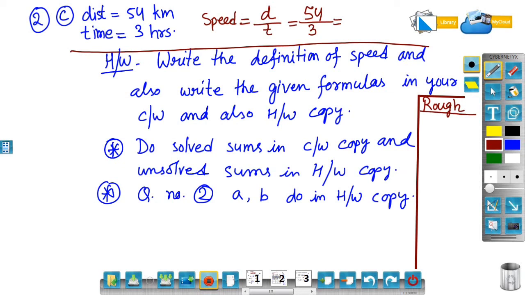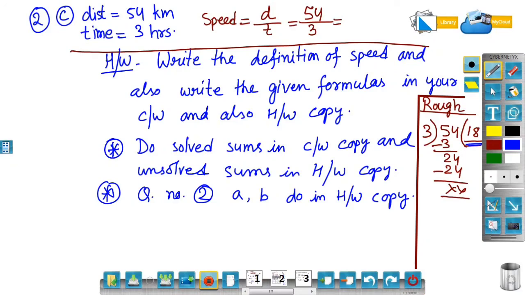You can understand that 3 from 54 is divided as 3 1 ja, then 3 8 ja, it must be cancelled. Then what is the answer? Here what is the answer? 18.